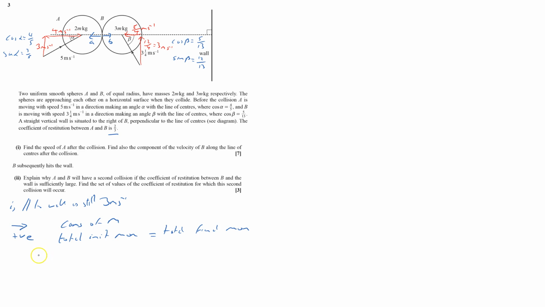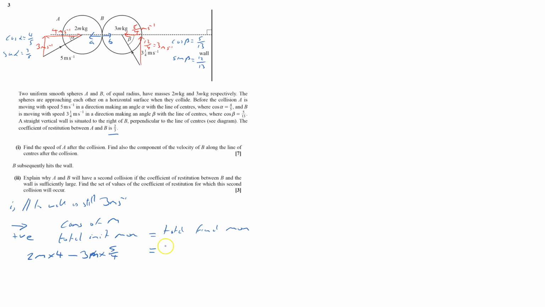So what have I got to start off with? I've got the mass 2m times 4, and then I'm obviously going to have to take away 3m times 5/4. That does the first bit, and that equals the final momentum.